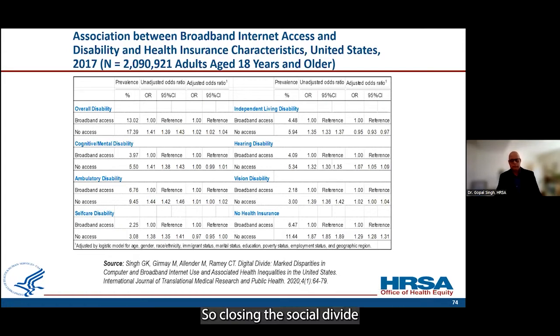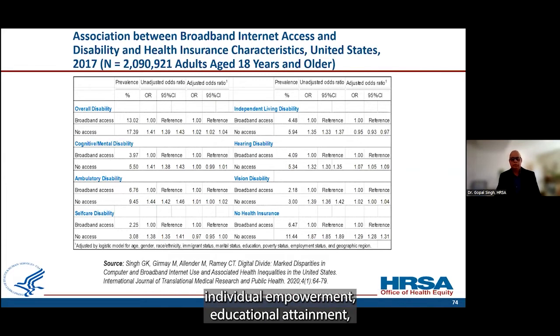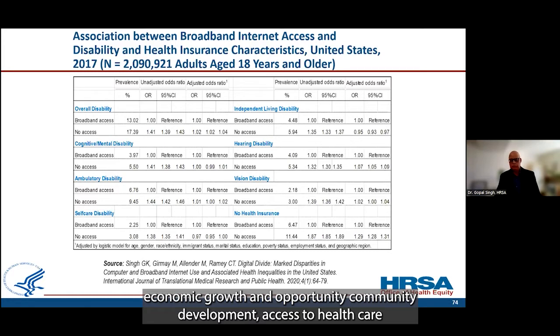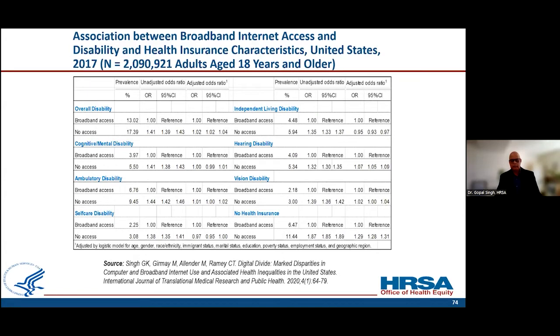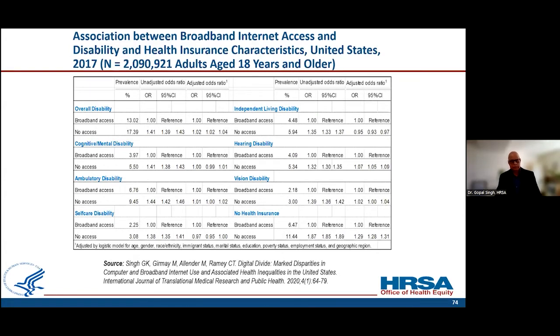So closing the social divide in broadband internet access can positively impact individual empowerment, educational attainment, economic growth and opportunity, community development, access to healthcare and health-related information, and health equity efforts. Thank you. I will stop here.